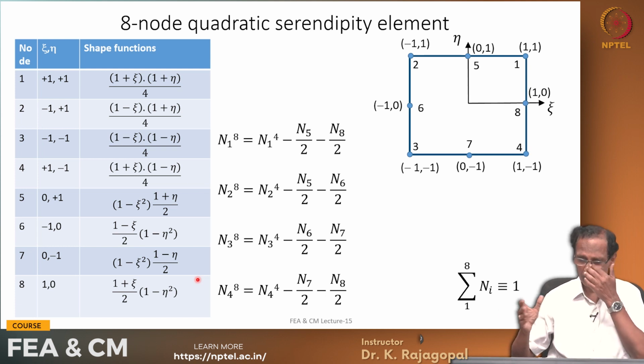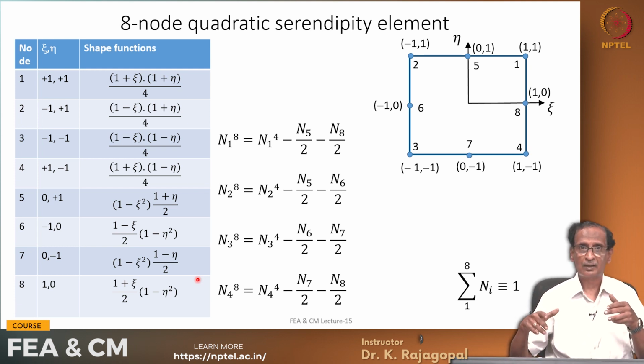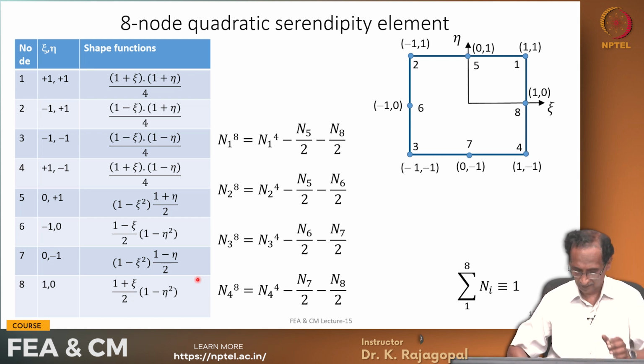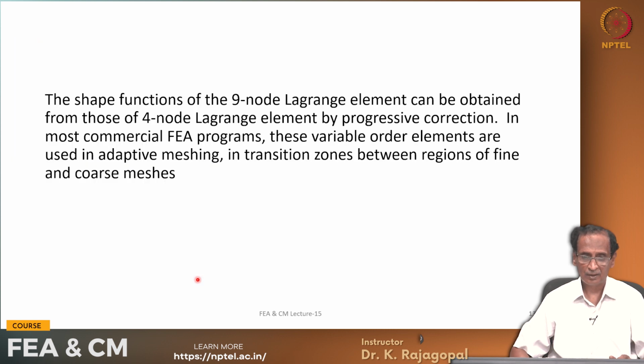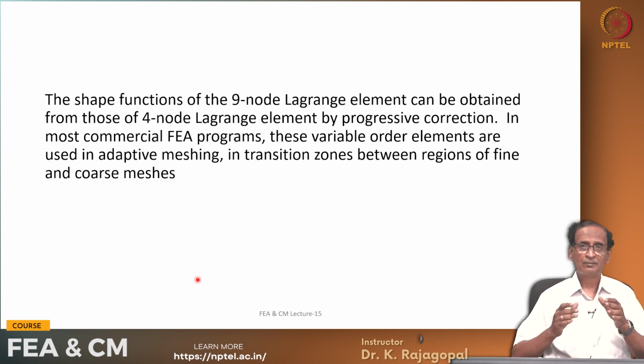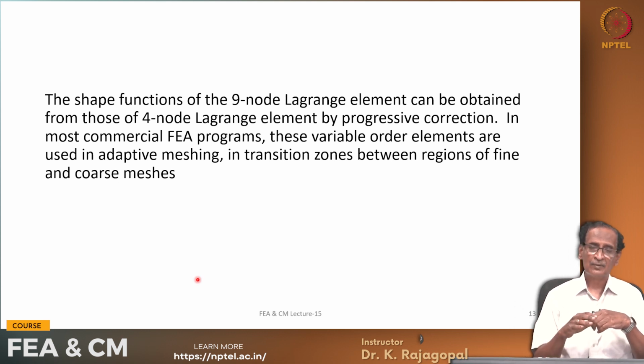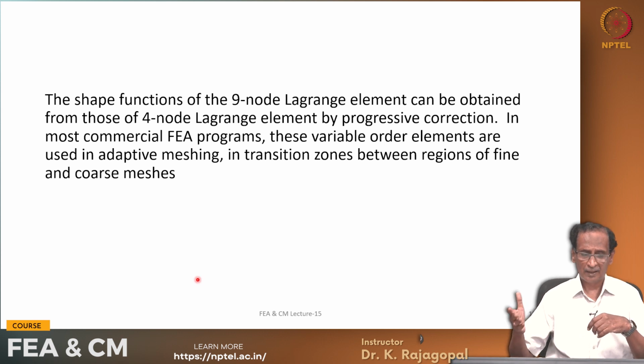If it was x1 to x2, we do not know how much correction we need to apply, because we cannot do this type of simple calculation. These two elements, the 4 node quadrilateral and 9 node quadrilateral, are pure Lagrange elements, and the others with 5 nodes, 7 nodes, 6 nodes, 8 nodes are all called transition elements, and they are used in adaptive meshing.